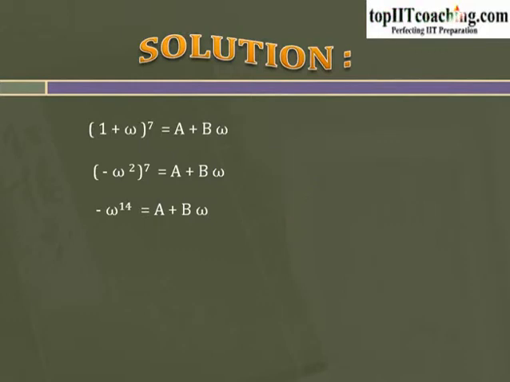Therefore omega to the power of 12 would also be equal to 1, and thus omega to the power of 14 would be omega square. Thus this becomes minus omega square equal to a plus b omega. Now we also know that minus omega square is equal to 1 plus omega. Thus 1 plus omega is equal to a plus b times omega.